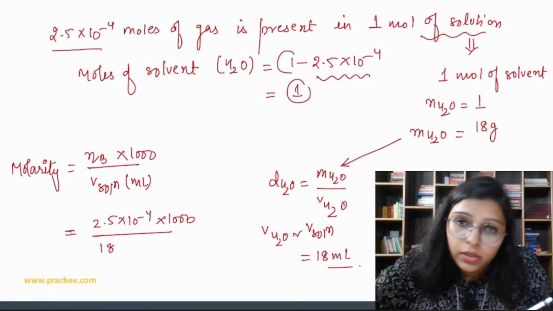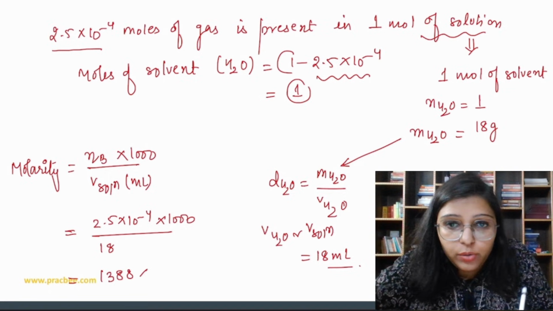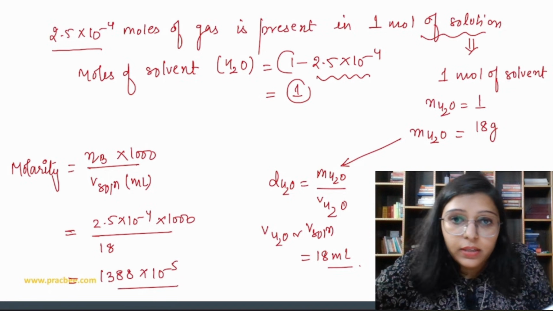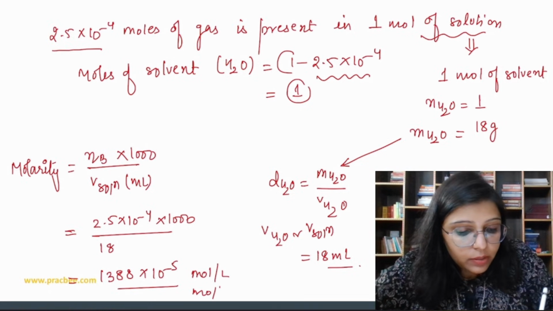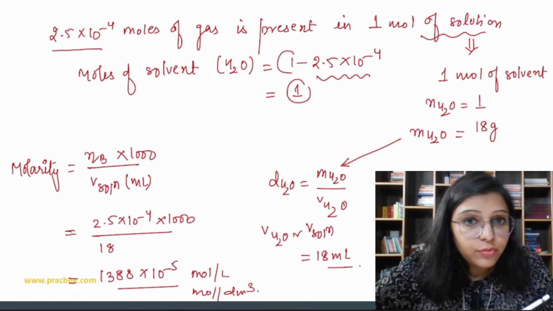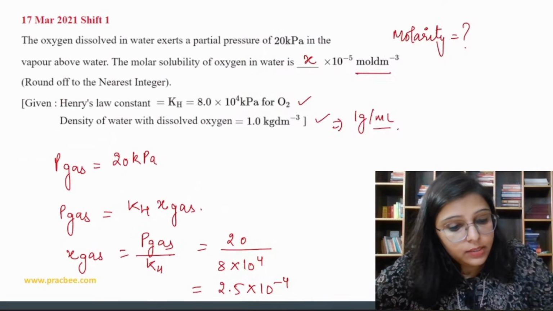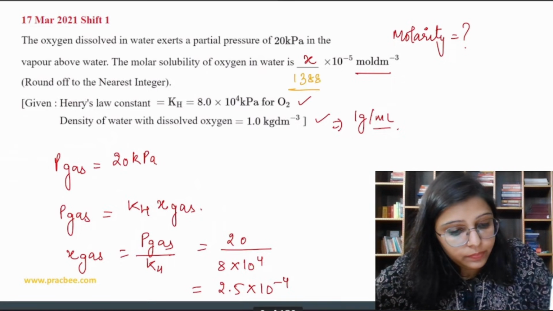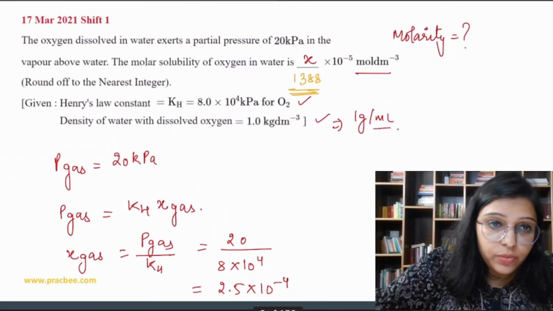So on solving this, you get 1388 into 10 to the power minus 5, right? That is mole per liter, or we can say mole per decimeter cube. So obviously we have to find out the value of x. So the value of x over here is equal to 1388. Is it clear? So in that way we can solve this question.